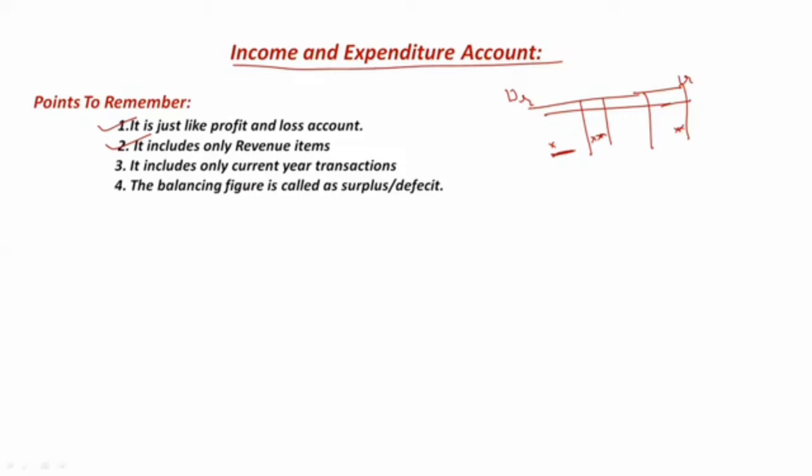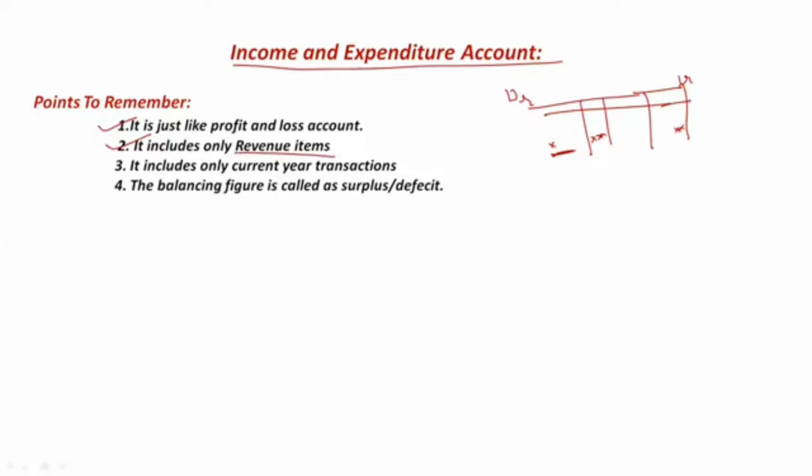But repairs or fuel for machinery are revenue items. Machinery I will not purchase every day, but I will frequently require diesel, fuel, or repairs and maintenance for an asset. So these items will be revenue items, and our income and expenditure account includes only revenue items.